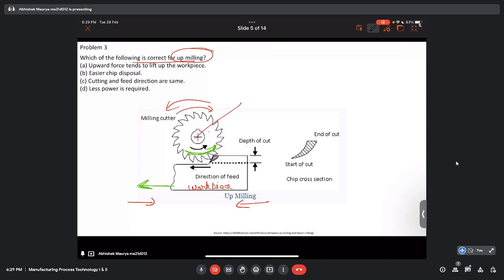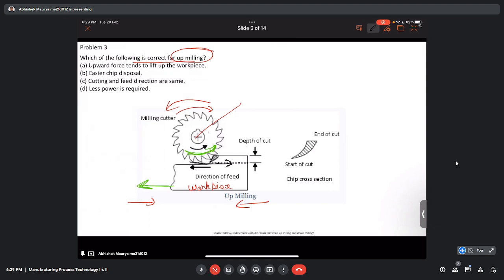If you see the tangential motion of the cutter at this point, it is going rightwards, whereas the motion given to the workpiece is leftward.